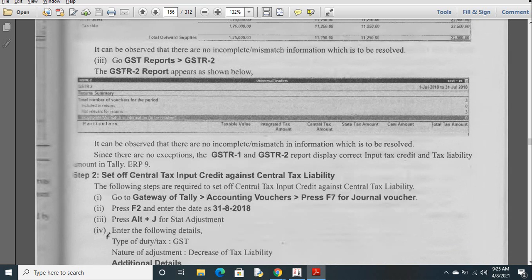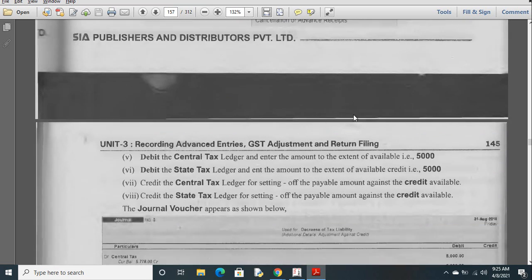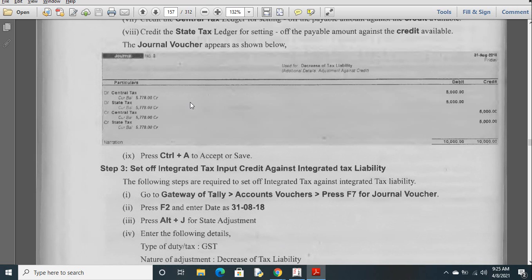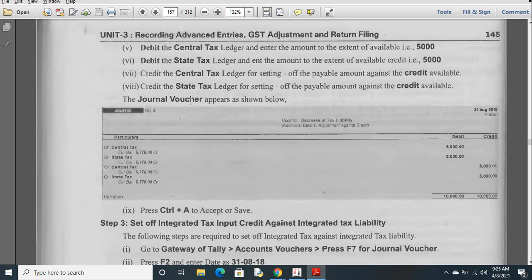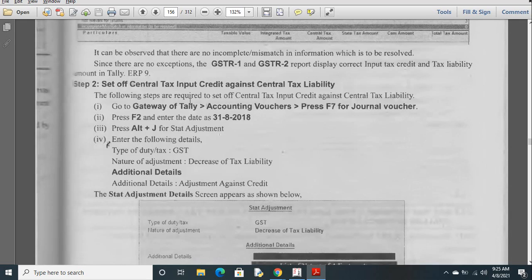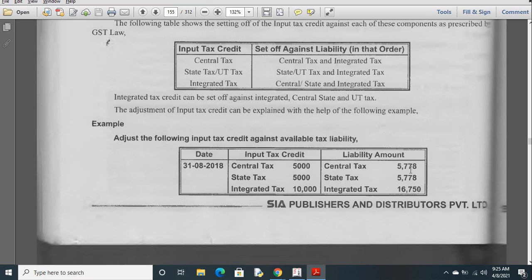So for this, if you want to adjust it for the next year, then enter the transactions into journal for each and every transaction. What we have to adjust for next year: decrease of tax liability. Actually the tax liability will be 5,000, but it is 5,778.